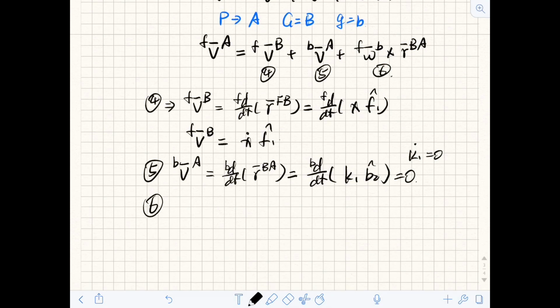Now term 6, we have the angular velocity of B in F cross RBA. And we know the angular velocity of reference frame B in F is simply theta dot B3. And the position vector BA is K1 B2. Then we have this term equal to negative K1 in the B1 direction.